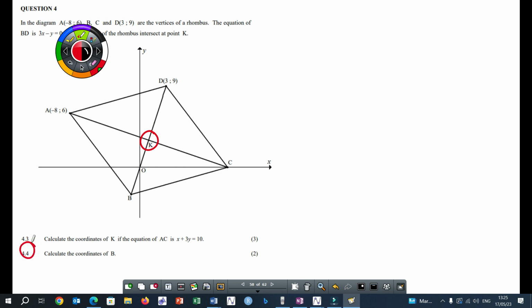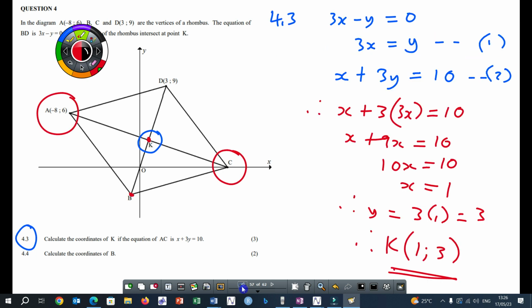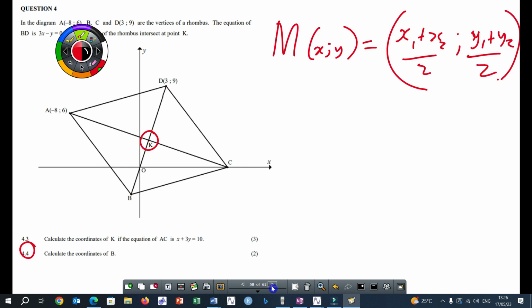Okay, so 4.4, I'm going to write my midpoint. Remember, the formula for the midpoint in this case is going to be this one. So we have x1 plus x2 all over 2, and then y1 plus y2 all over 2. Now here, we are given the coordinates of the midpoint. So we know the value of x there, it's a 1, and the y is 3.